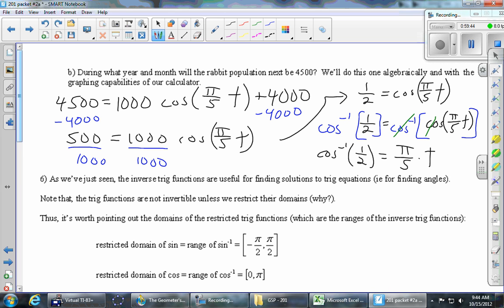That's a good idea. Better than dividing by pi/5. Gets you there a little bit quicker, right? Divide both sides, or multiply both sides by 5/pi. So we'll just write our answer down here once. T is 5 over pi inverse cosine of half.